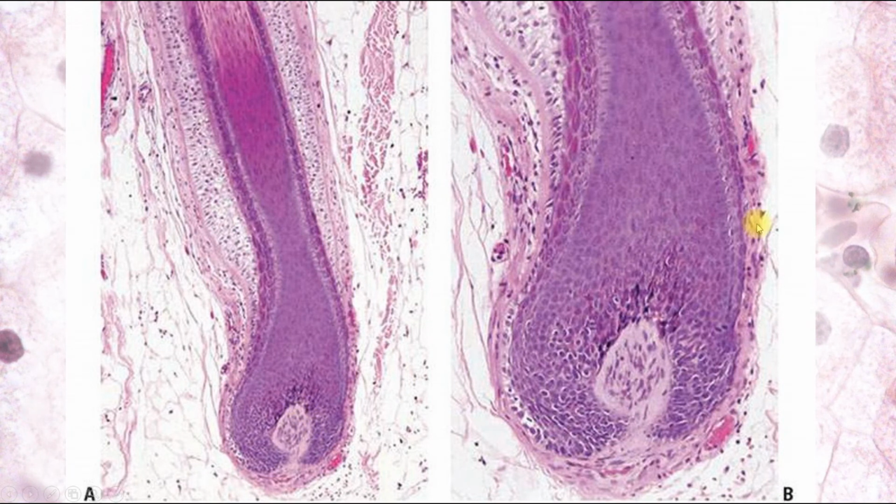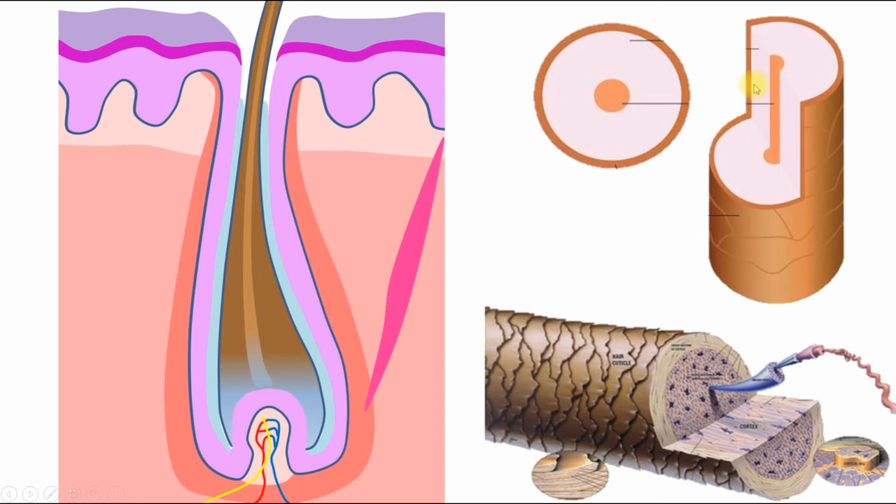And here you can see the hair papilla, and there are melanocytes near the hair matrix, and alive keratinocytes near the hair matrix. They undergo multiple mitotic divisions, and then they move higher, and here they undergo keratinization. It's the medulla of hair, cortex, and cuticle, which covers the hair.